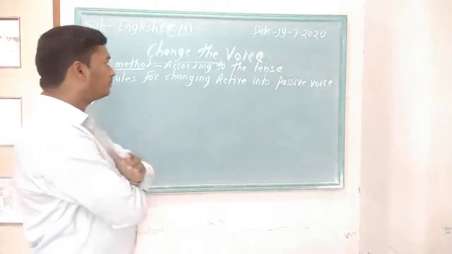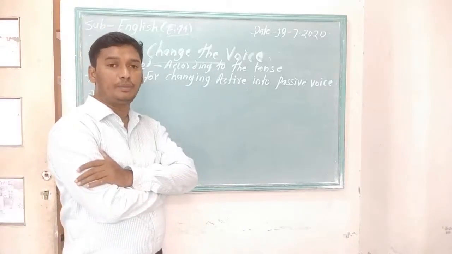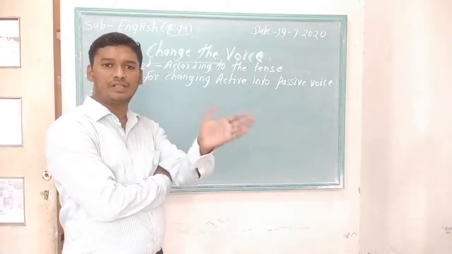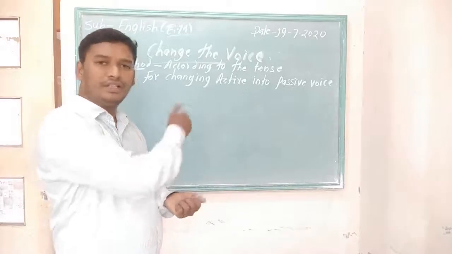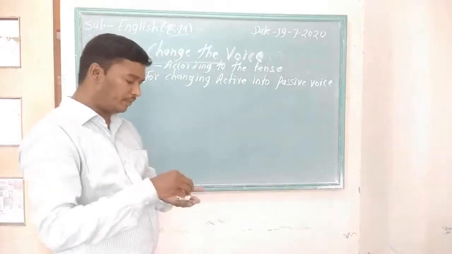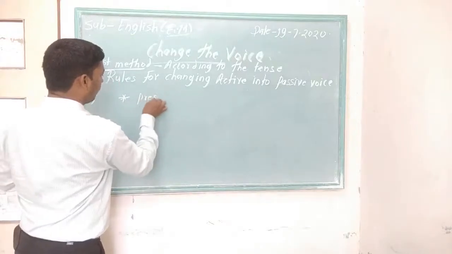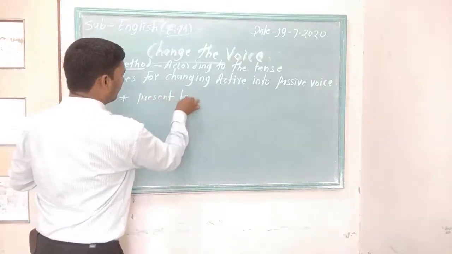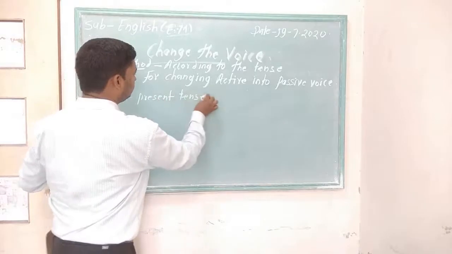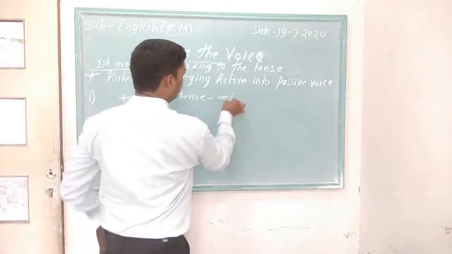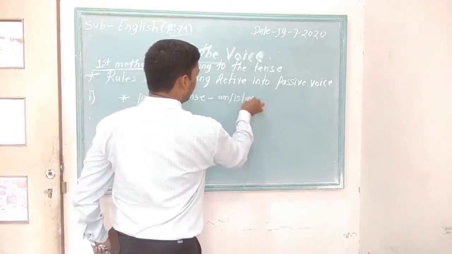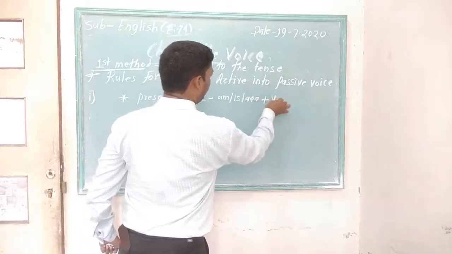Look, below that rule, by red pen, take all auxiliaries according to the tense. I am writing here below that rule. Present tense: am, is, are plus V3.